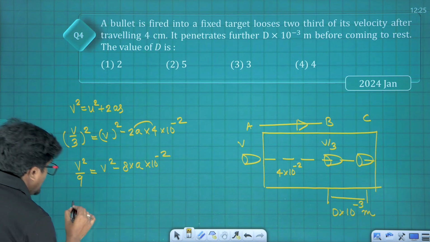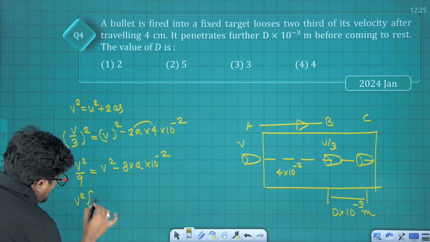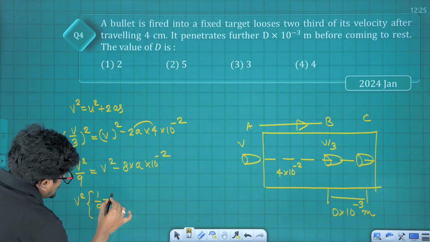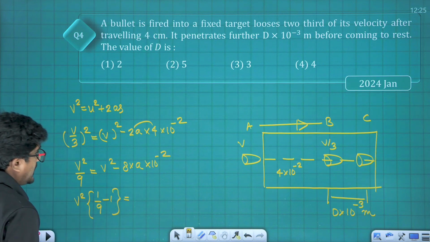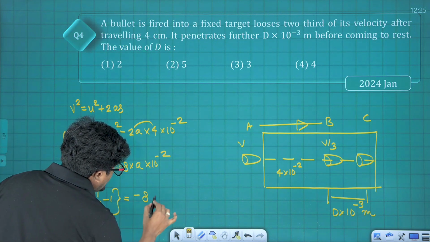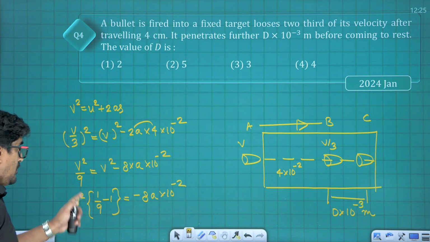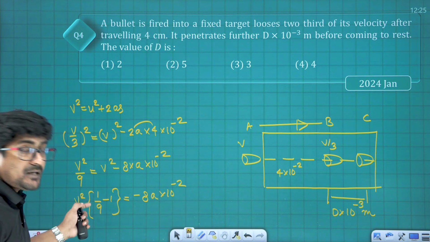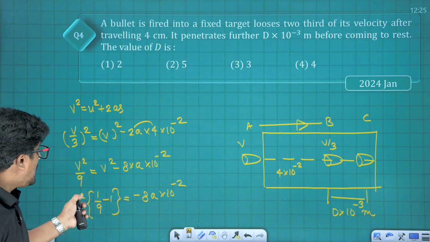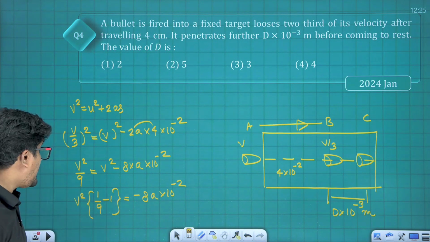If I rearrange this, V square is common, so this is going to be 1 by 9 minus 1, that is equal to minus 8 A into 10 to the power minus 2. 1 by 9 minus 1 is minus 8 by 9.